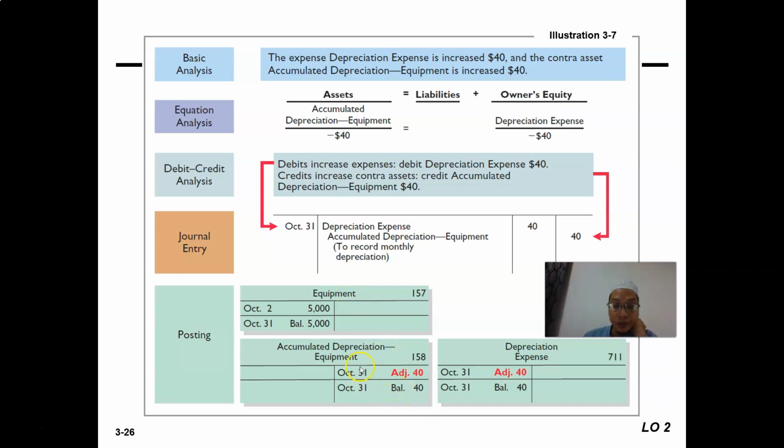Okay, so we credit our accumulated depreciation equipment account for $40, and we debit our depreciation expense by $40. Therefore, our depreciation expense will have a balance of 40. Our accumulated depreciation equipment will have a balance of 40, but it will accumulate after every month. So after 12 months, we will expect that the balance will be 480 because it has all the adjustments for all of the 12 months. Now we only have adjustment for 1 month.